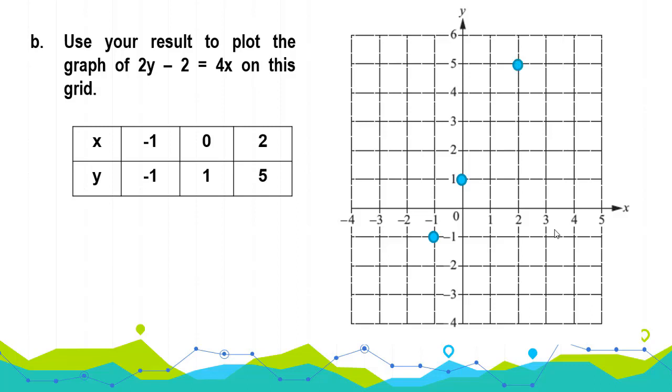Okay, there are 3 points in the grid. For the next step, connect all of the points using a line. Okay, here is the line of the equation 2y minus 2 equals 4x.